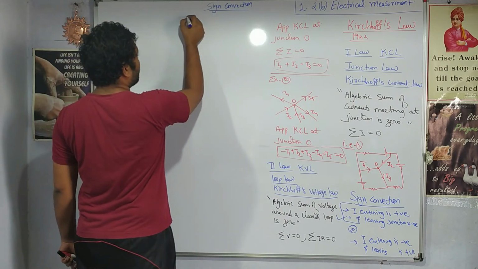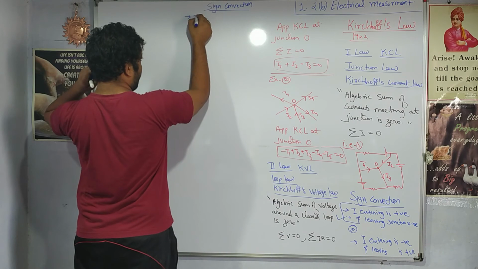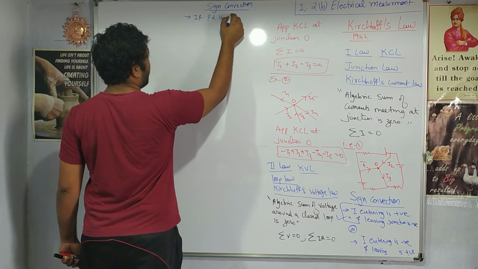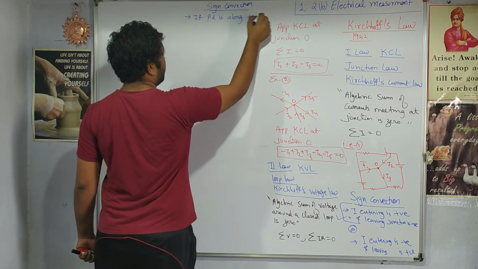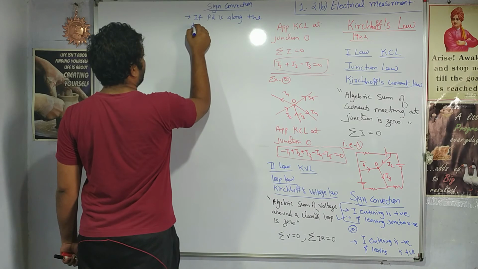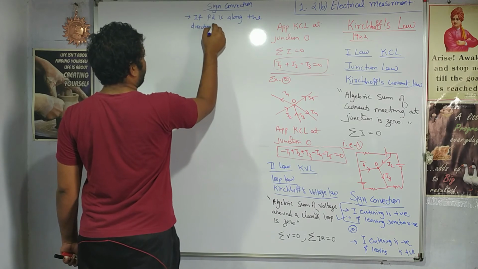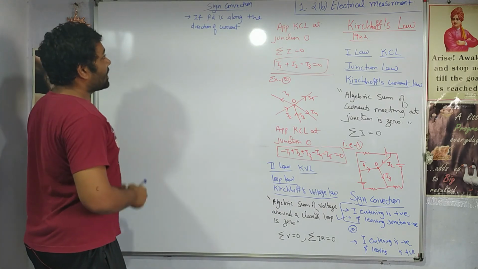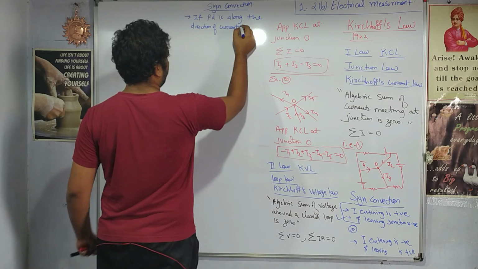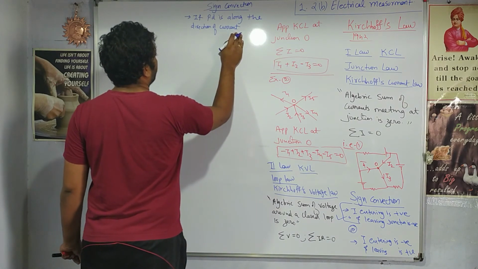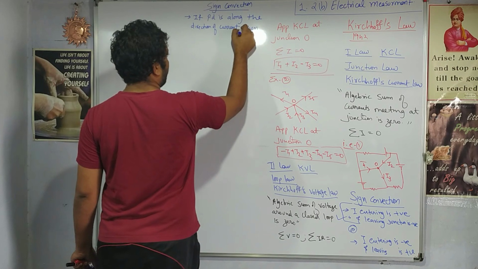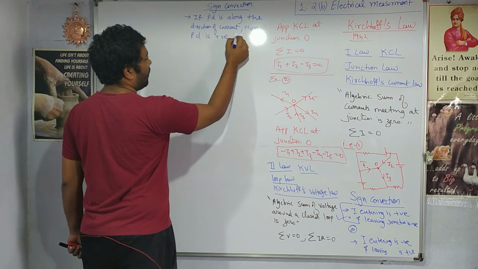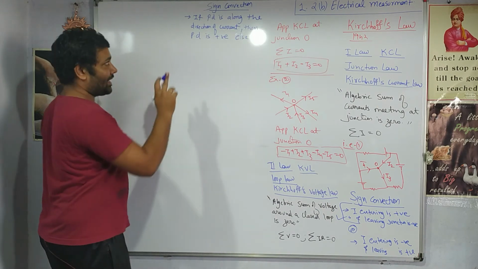The first statement says: if the potential drop is along the direction of the current, then the potential drop is positive, or else negative. I'll explain this.